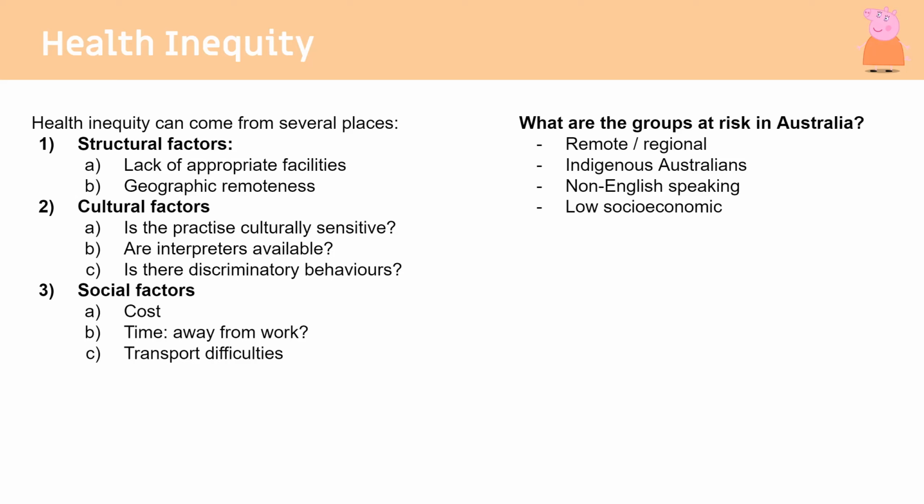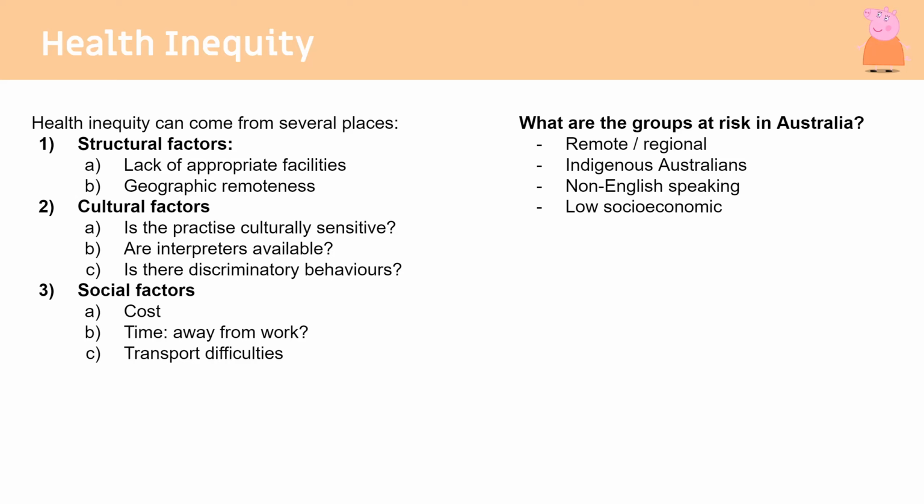And then the third and fourth dot points were about which cohorts in Australia specifically are at risk of having health inequalities. That's pretty much if you're remote or regional, you're having problems with access. Indigenous Australians, same thing, problems with access, but also the cultural side, so acceptability. Non-English speaking backgrounds, so if your service doesn't have translators, you can't access it, or if you can't search it up on Google, you don't know where to find it.